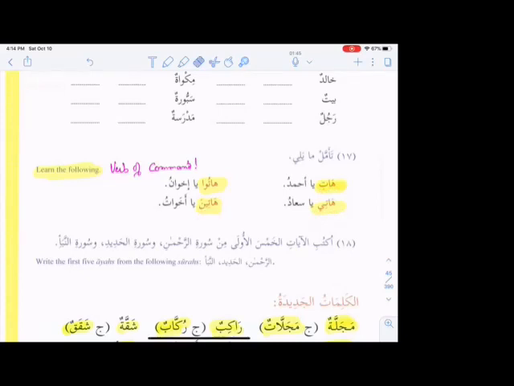What are those four? How will you say those four? Anta, anti, antum, hatu. No, hatu will be ya ikhwanu, antum, yes. Ya ikhwanu, antum.